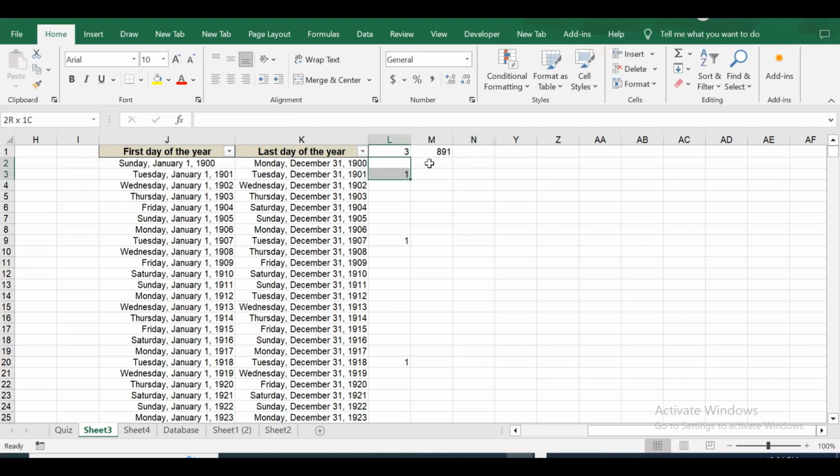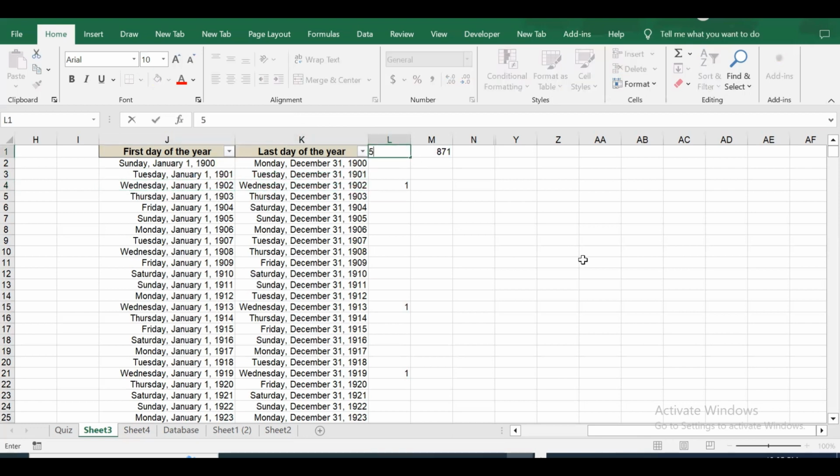If we say Yom al-Arba, that is Wednesday, 871 years in the Excel system start with Wednesday and finish with Wednesday.